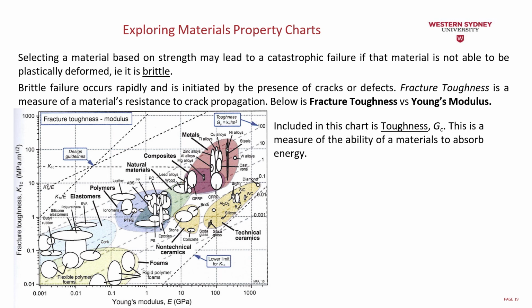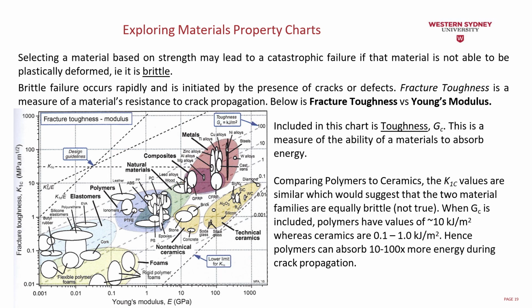Included in this chart is the toughness, GC, which is a measure of the ability of the material to absorb energy. Comparing polymers to ceramics, the K1C values are similar, which would suggest the two material families are equally brittle.